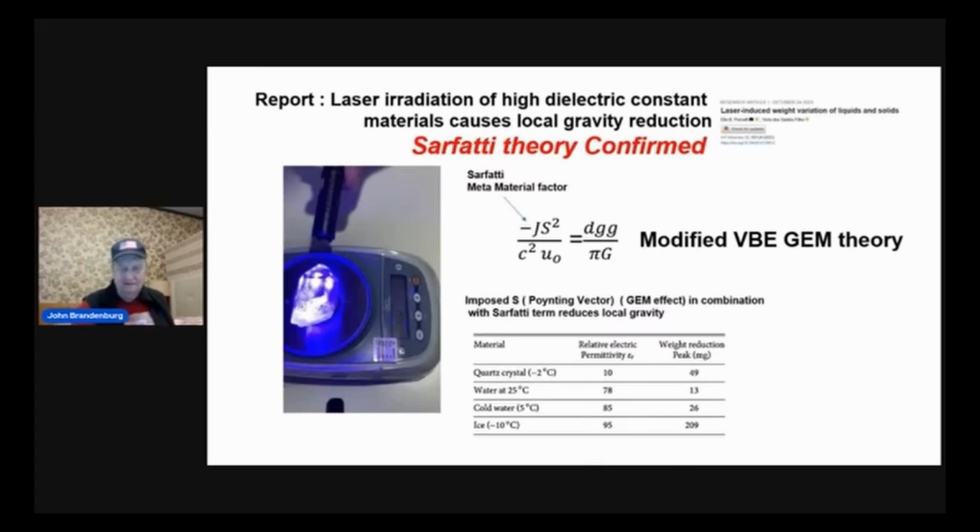It turns out it appears as a term when I have just quickly tried to redo the Bernoulli equation type derivation, but we get a negative sign due to the Sarfati factor, big J. So once again, we're seeing pointing vector affecting local gravity, but in this case, it's been amplified considerably by Jack's metamaterial factor.